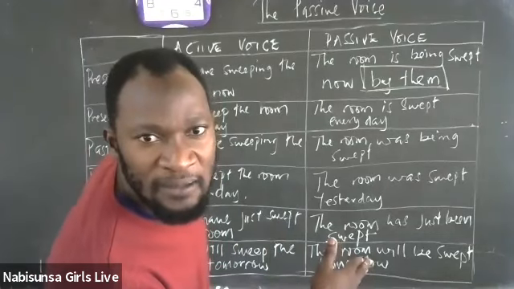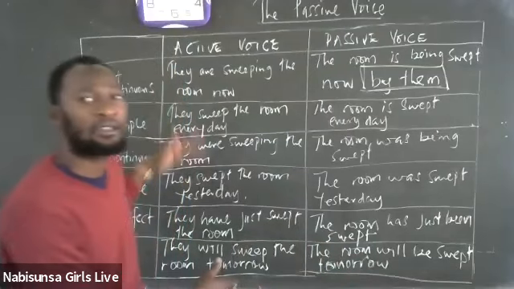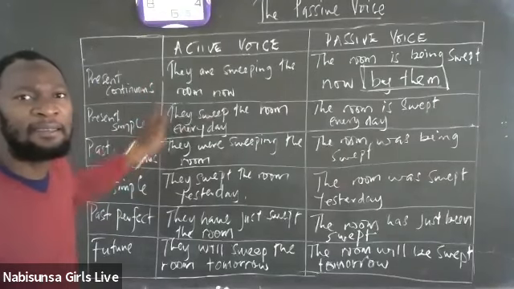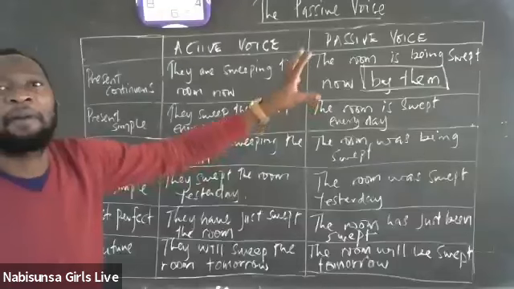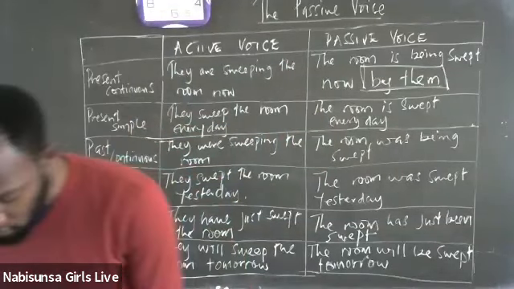Am I supposed to write this in my class workbook? Yes, you are supposed to write in your class workbook. So these are the tenses here. These are the active sentences, and then these ones are the passive sentences. I think now I've answered you.